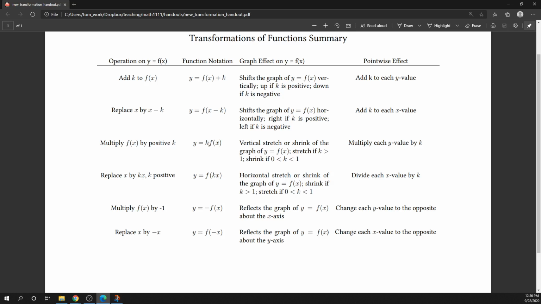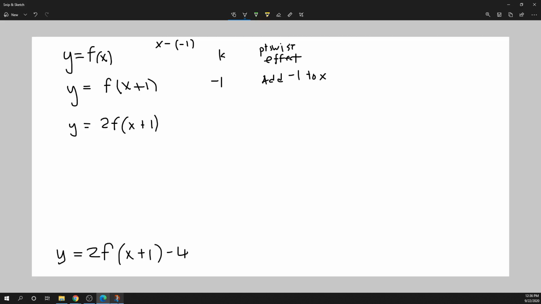The k is 2 in this case, and the pointwise effect is that we multiply each y value by k. That stretches the graph vertically by a factor of 2.